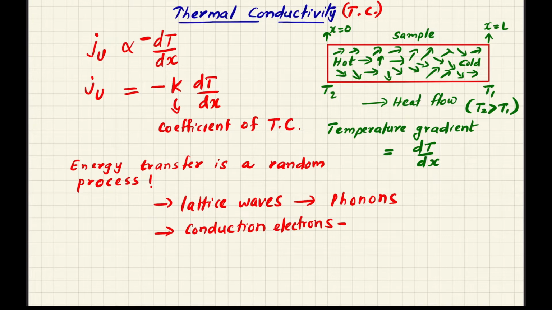Now, our motivation is to find out an expression for the thermal conductivity K. Once again I am mentioning, in the case of metals, the major contribution which leads to the transfer of heat from the hot end to the colder end will be because of the conduction electrons. In the case of an insulator, the major contribution will be the lattice waves or via phonons.